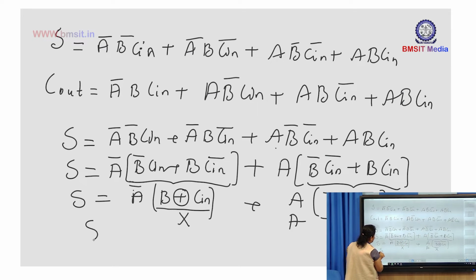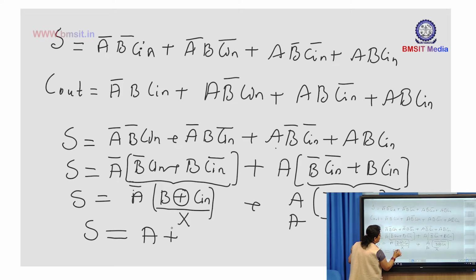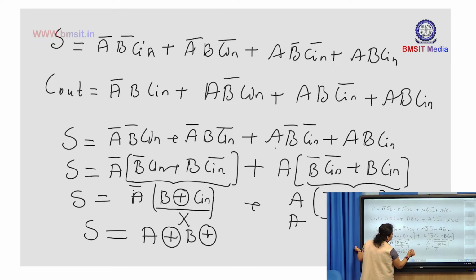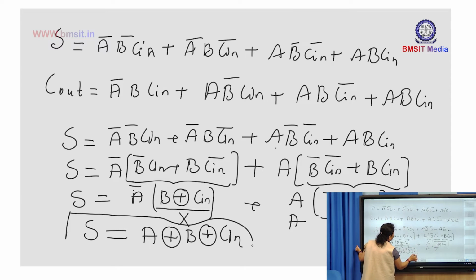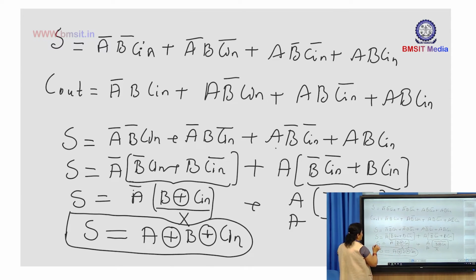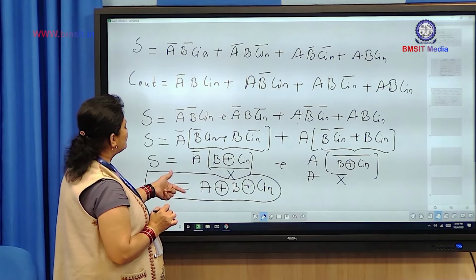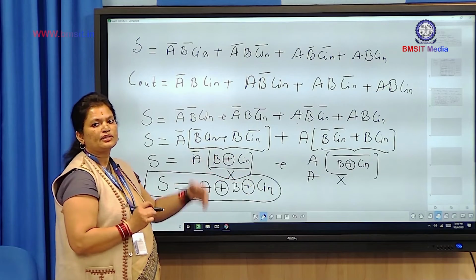So with all that, our sum expression gets reduced to A XOR of X, which is nothing but A XOR B XOR of C in. So we have simplified the expression for sum. Now using this, you can go for the implementation of sum using this expression.